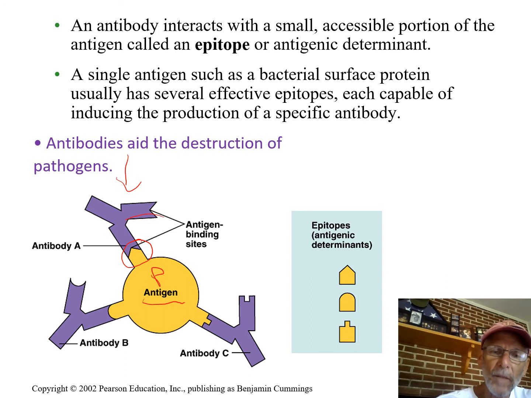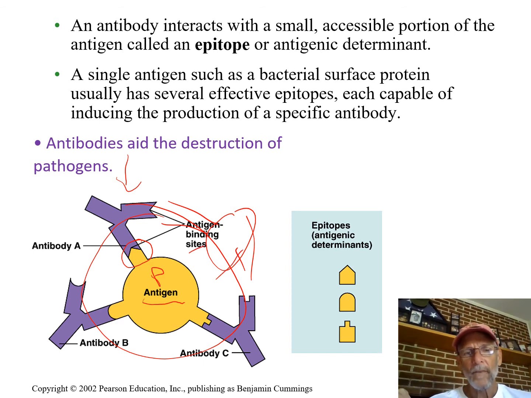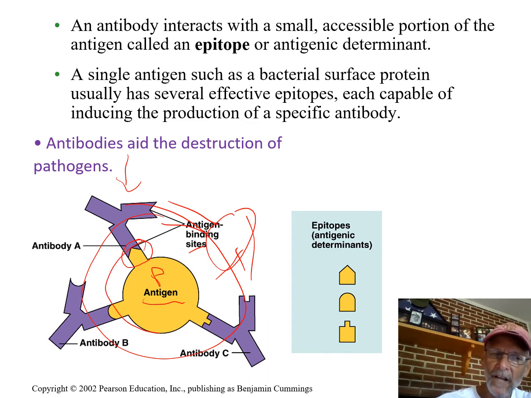And when it's clumped up like this, it makes it an easier target for white blood cells, because these antibodies stuck to antigens clump with each other, and at the end of the day, what's going to kill this bad guy is being eaten by white blood cells.